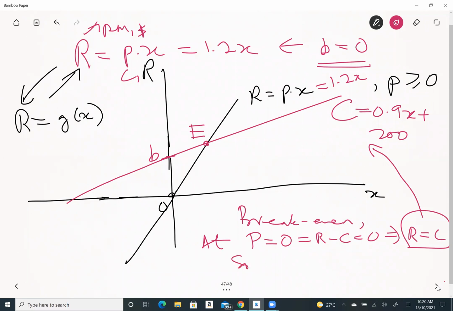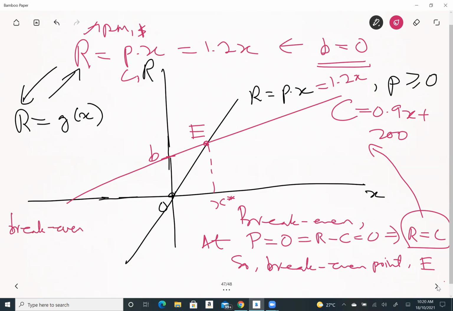So you have the break-even point or equilibrium, denoted by E, and that point E will give us the quantity X star. So X star here is called the break-even quantity. So at point E, I have the break-even quantity.